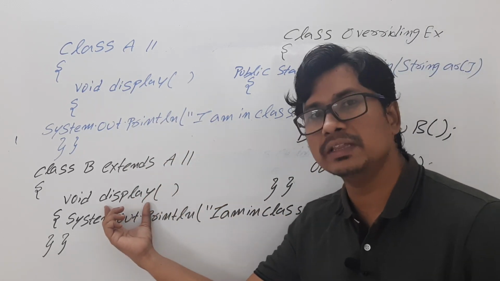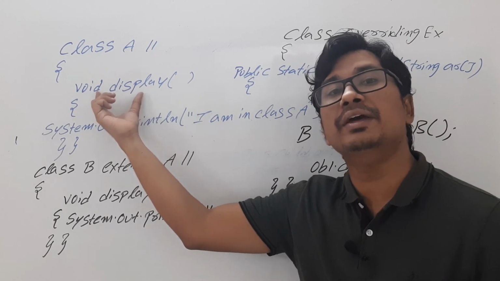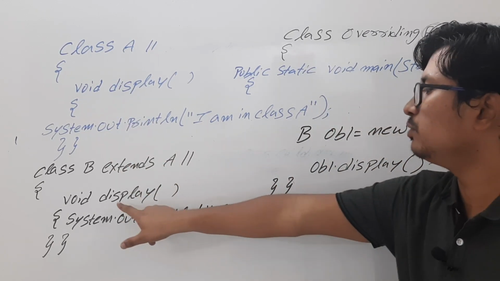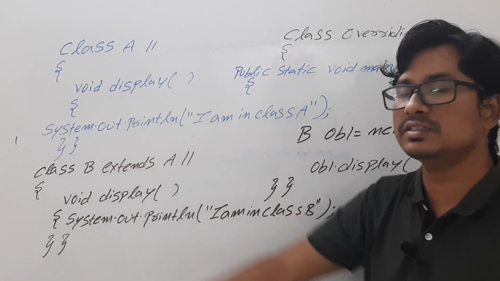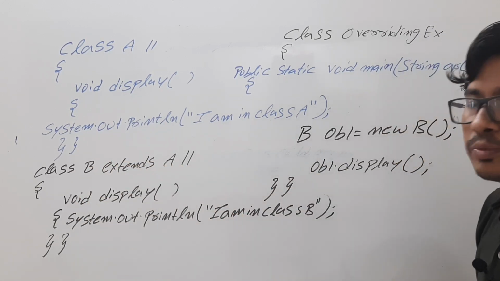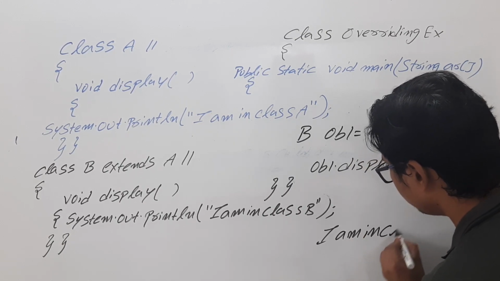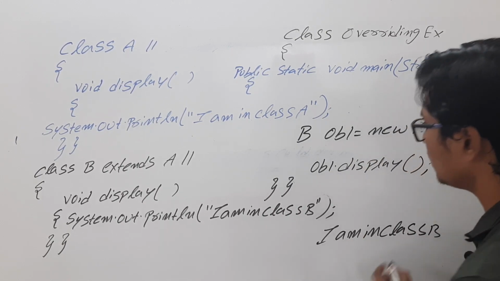So this method is overriding the parent class method. So obviously the display method which is there in the child class will be invoked. So you will get the output as I am in class B.